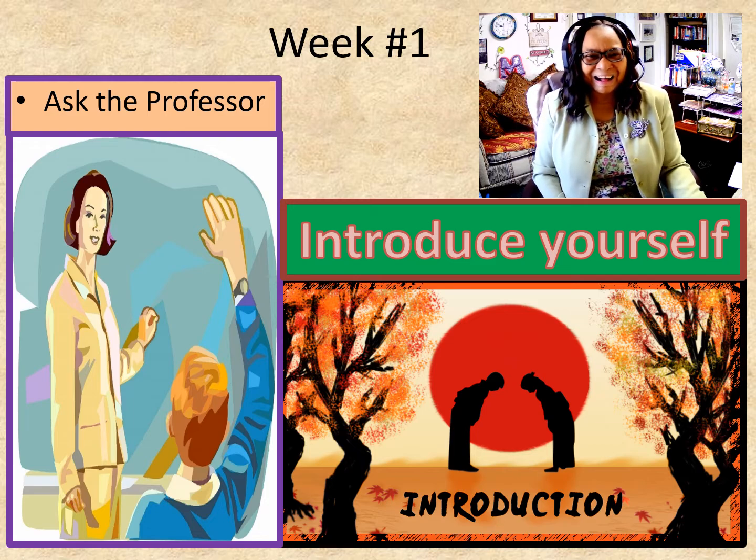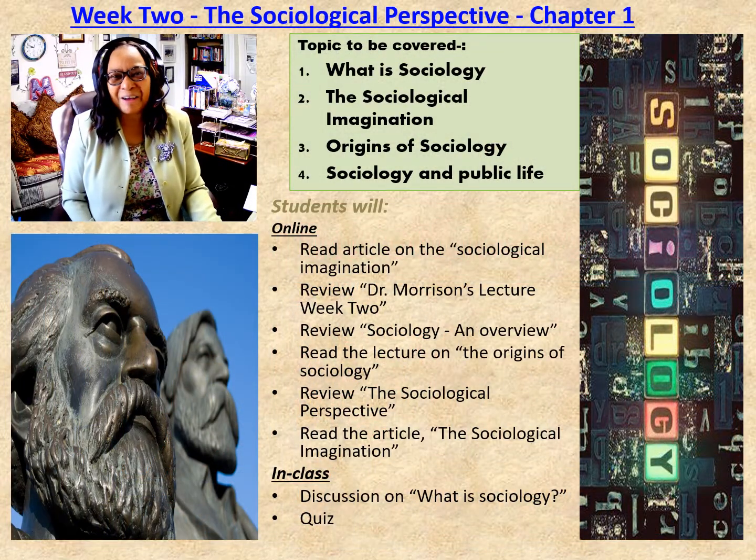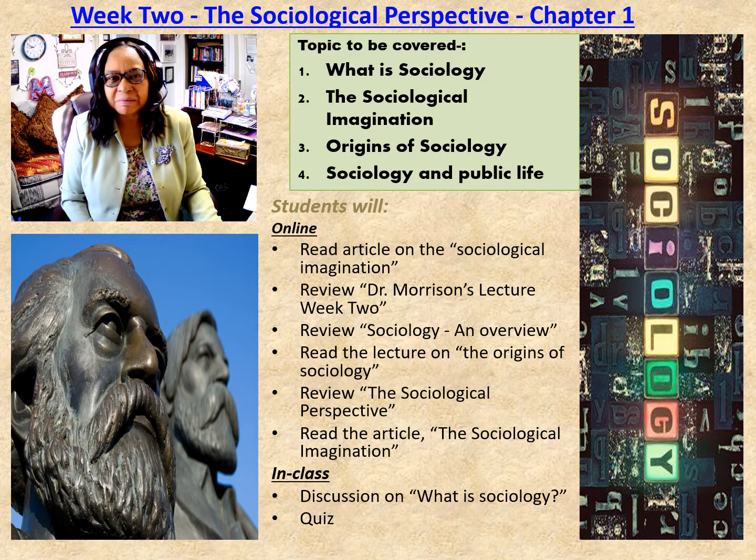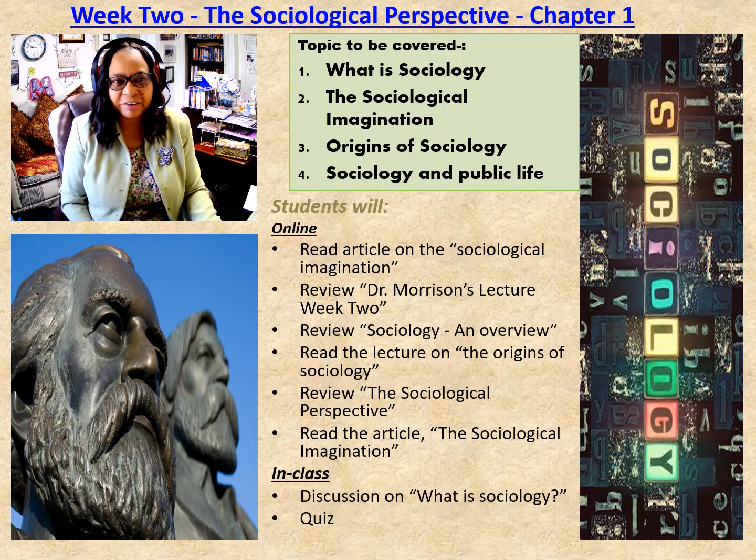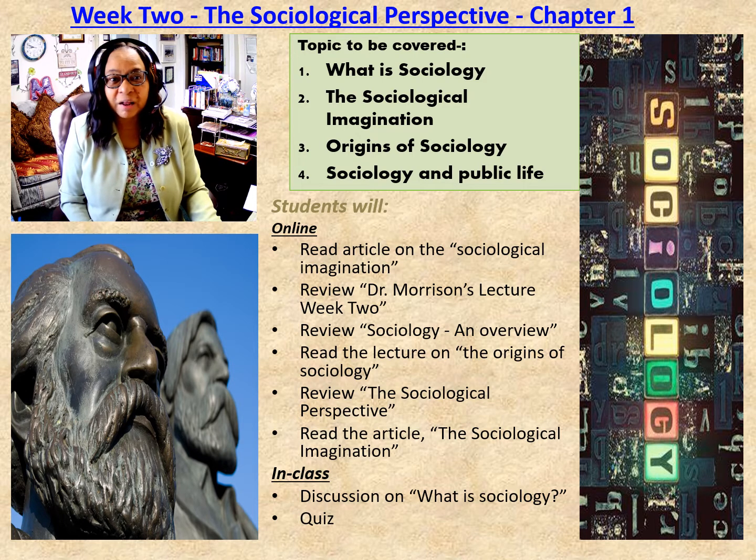Then we have week 2. Week 2 looks at the sociological perspective, chapter 1 of your textbook. Here, topics to be covered include what is sociology, the sociological imagination, origins of sociology, and sociology and public life.